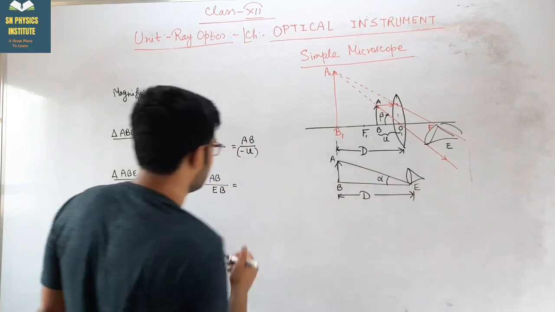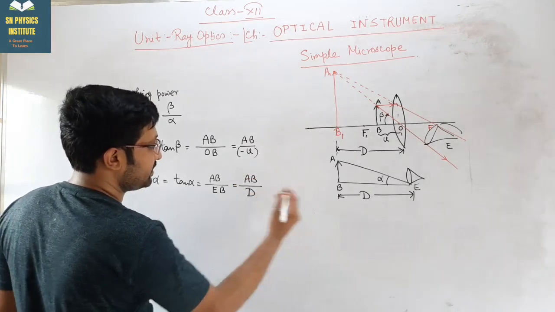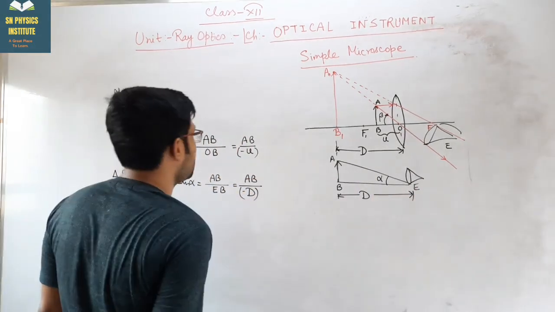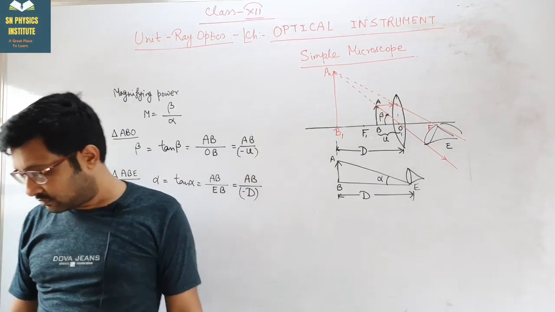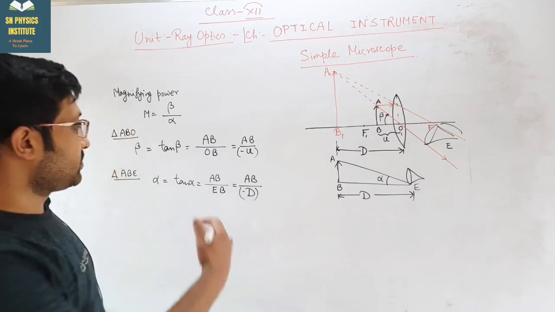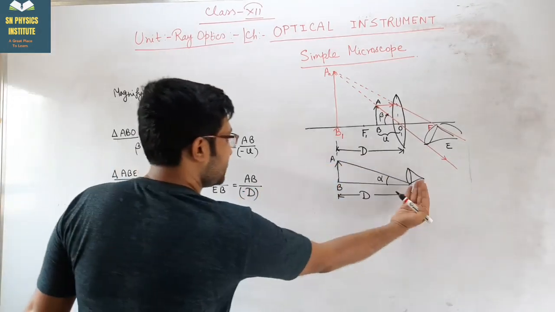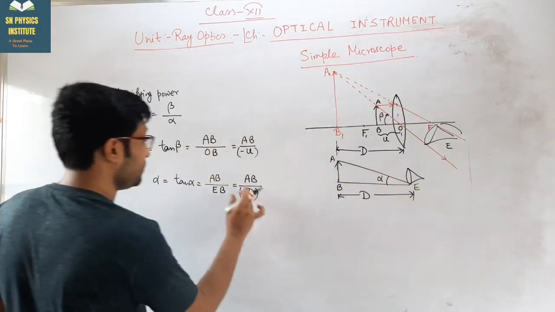Capital D is the distance, so that is AB divided by capital D, and same way this will be minus, because of the sign convention: the incident ray is in this direction, you are measuring with respect to the eye, so this is also minus.